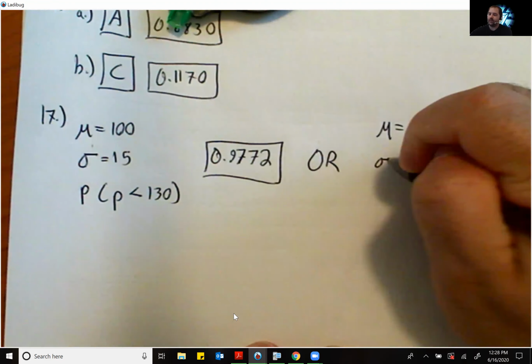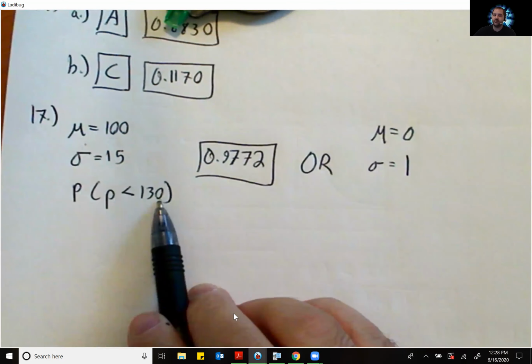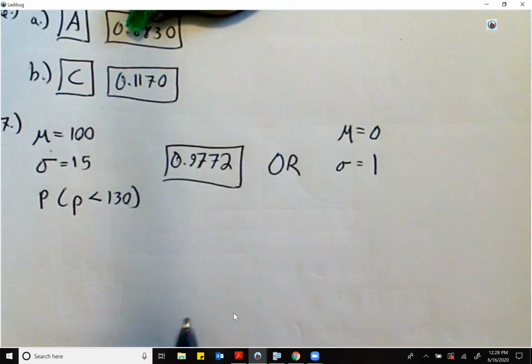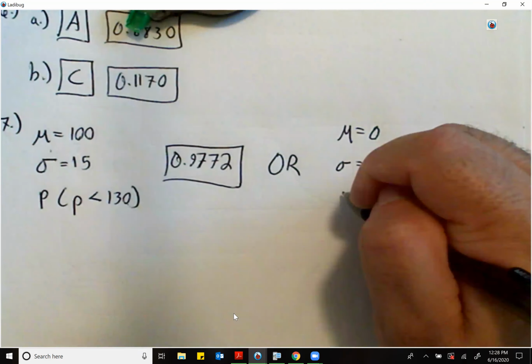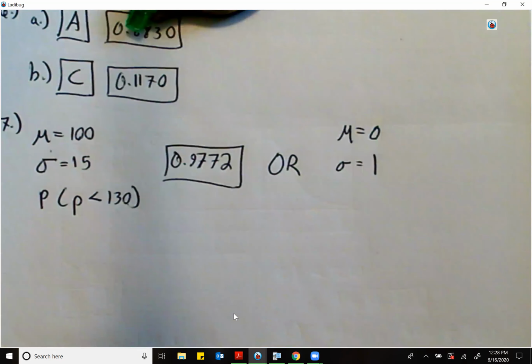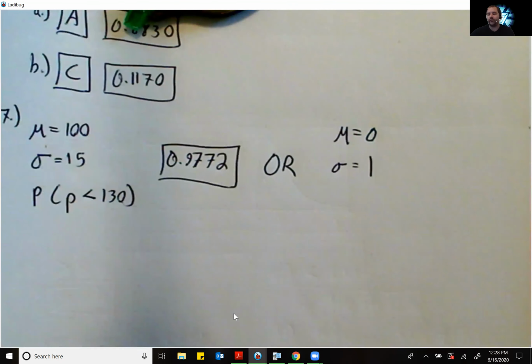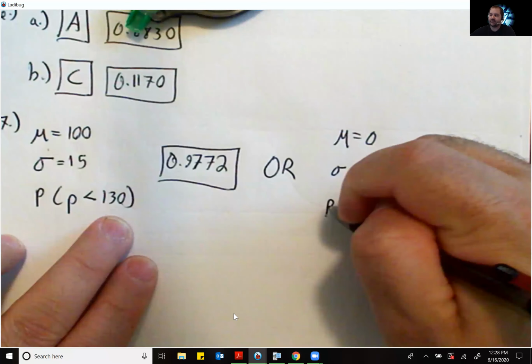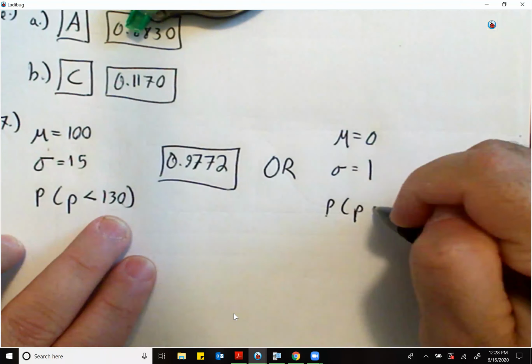Sigma is 1, and then you convert the 130 into your Z-score. It'd definitely be easier to just put the regular mean and standard deviation in. Doing this part where you convert into the Z-score takes a little bit of extra steps. Not a lot, but a little bit.